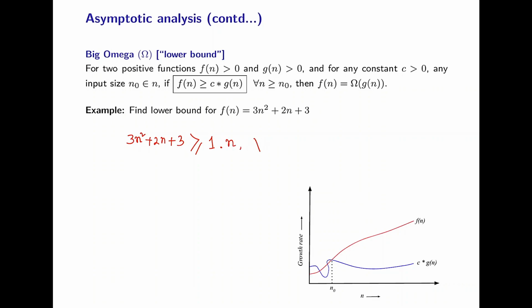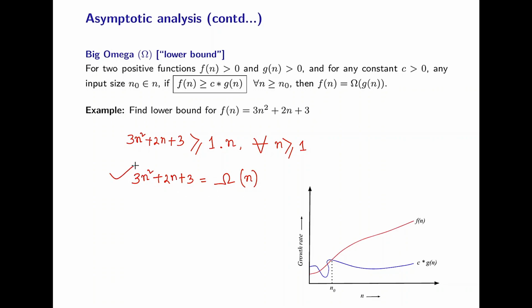I'm writing a lower term, for all values of n greater than or equal to n naught. n naught is, let's say, 1. You can change this value c and n naught; accordingly, you need to check the equation. Now can I write 3n square plus 2n plus 3 is equal to big omega of n?